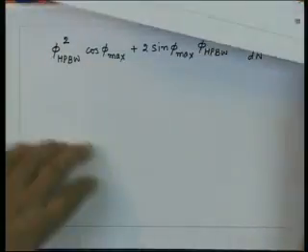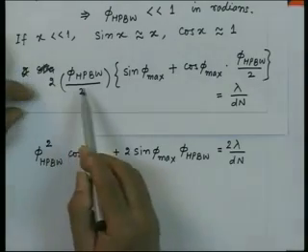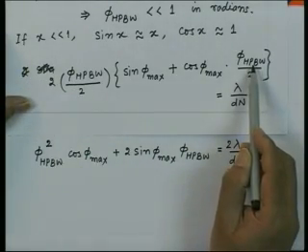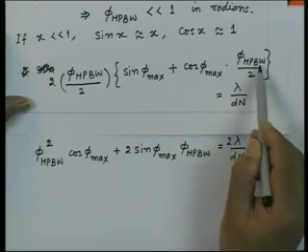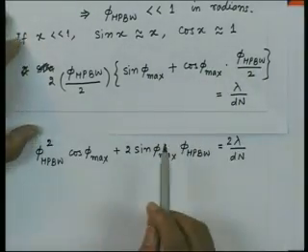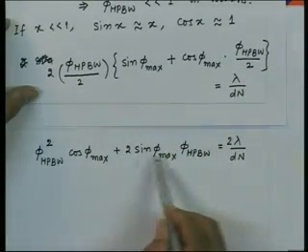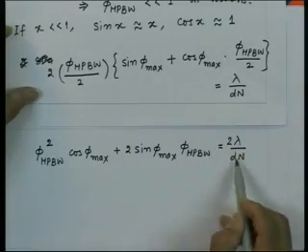So, note here the expression which we have got is from here. This quantity is phi half power beam width multiplied with this, that will give me half phi square half power beam width multiplied by cosine of phi max. Second term will be 2 times sine of phi maximum multiplied by phi half power beam width, that is equal to 2 lambda upon dn.